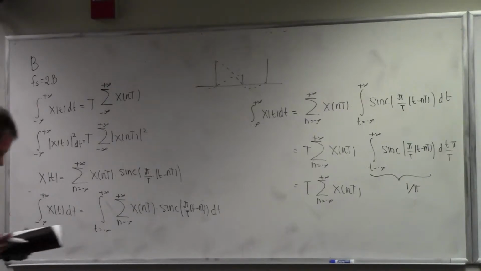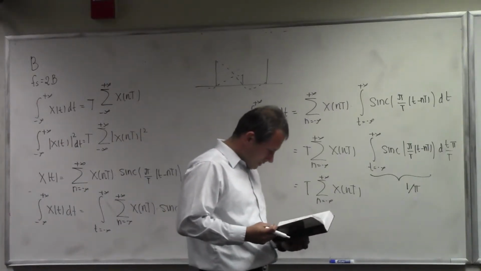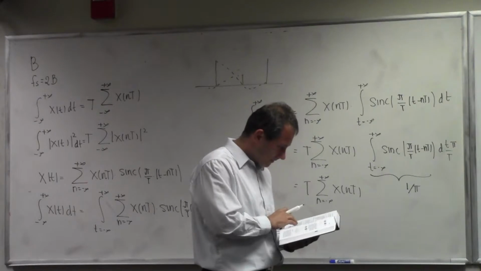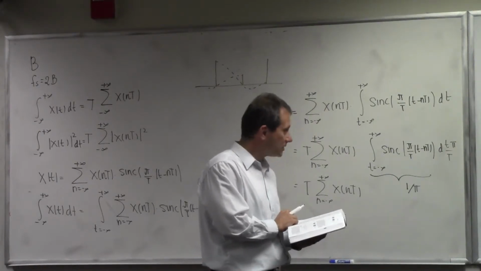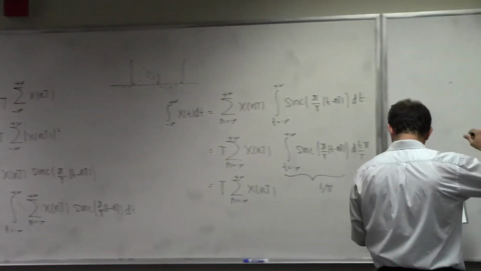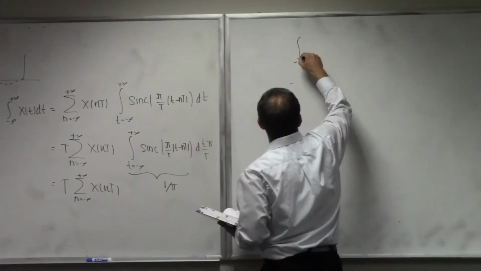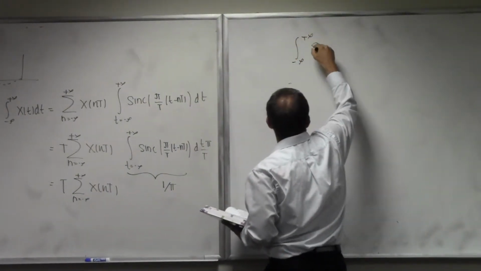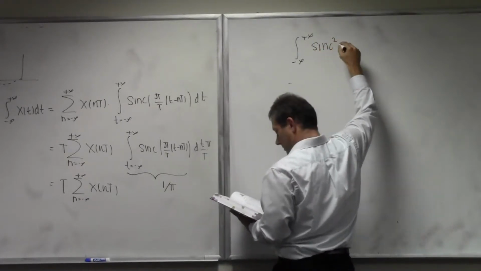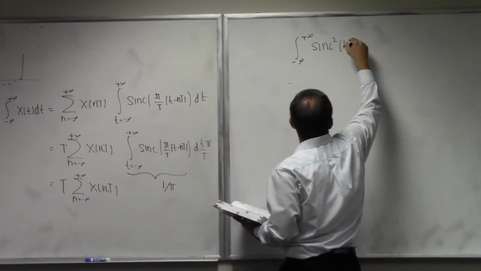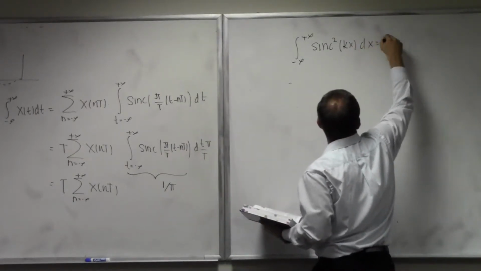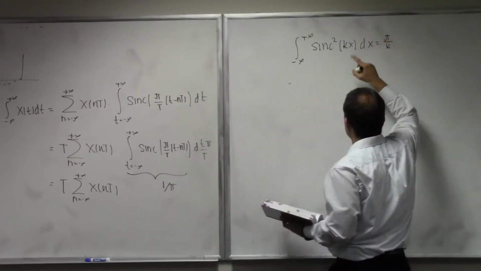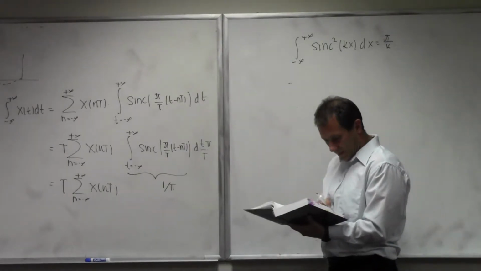We have this formula on page 766. This is the one I remember: the integral from minus infinity to plus infinity of sinc squared of kx dx is equal to pi over k. That one we're going to use for the second part.